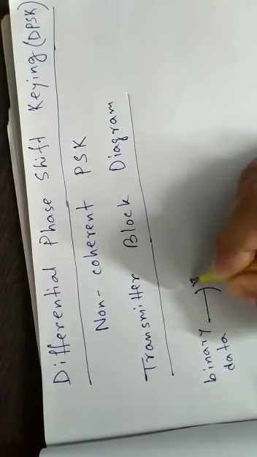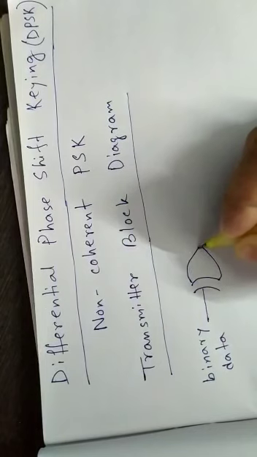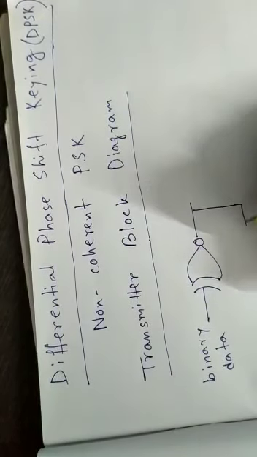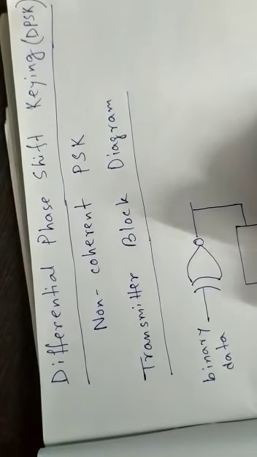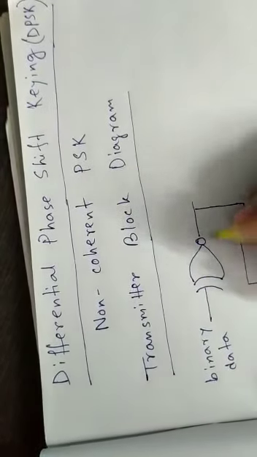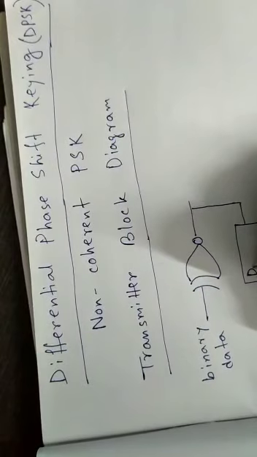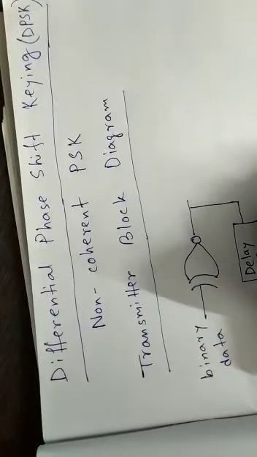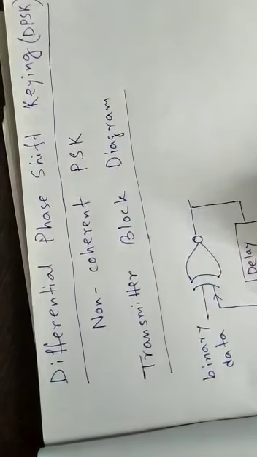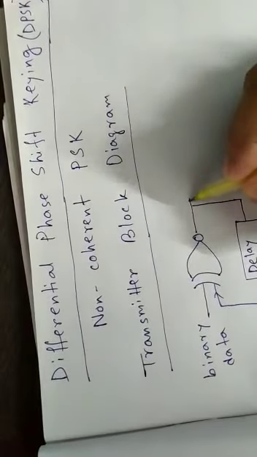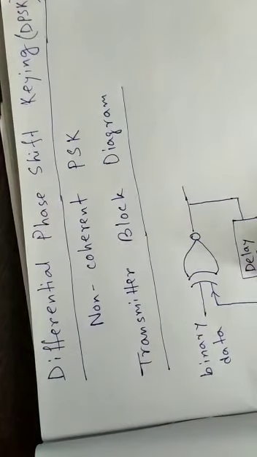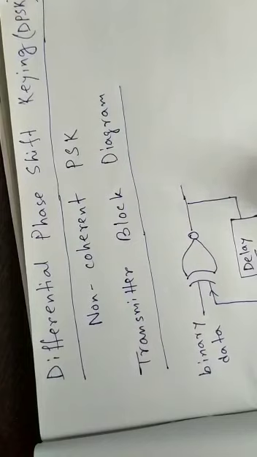Then there is a XNOR gate, and there is a feedback from the output of the XNOR gate with a delay of 1 bit period, which is TB. So this is the differential part. This is the differential encoder.